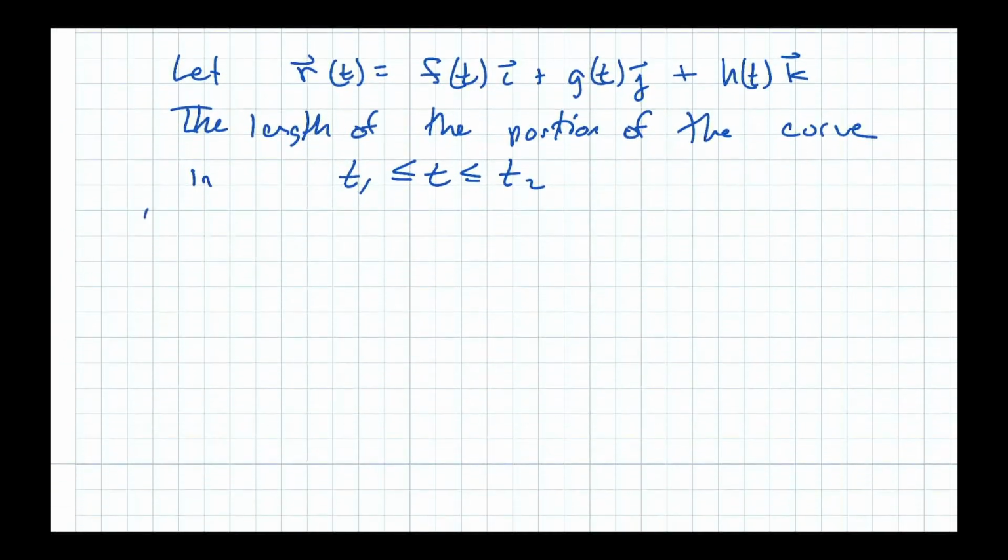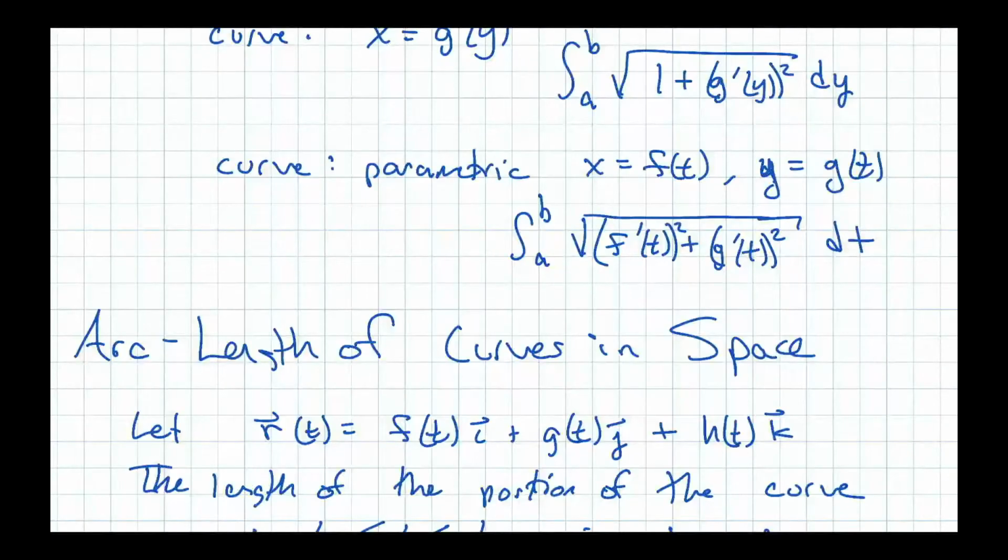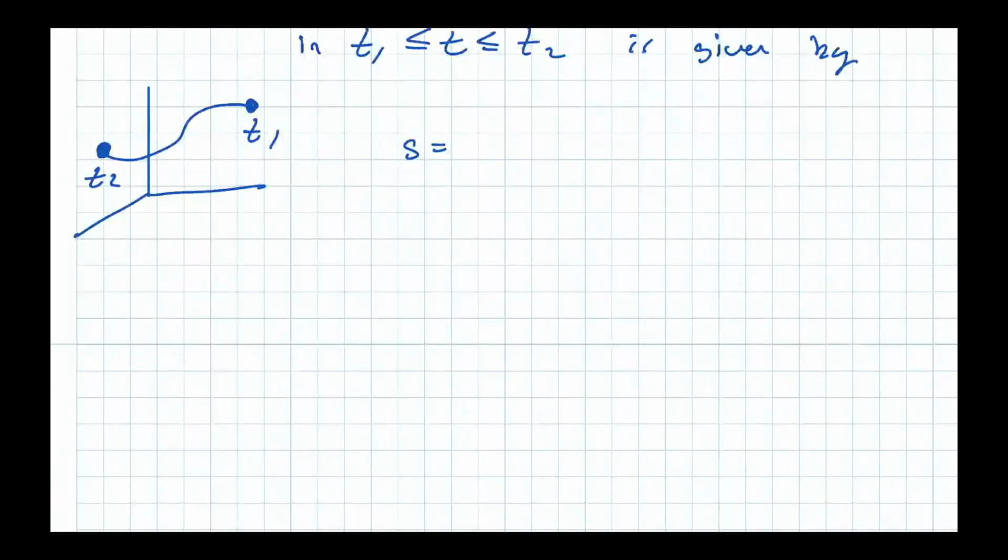So what we're considering is in space, you've got a curve, but we've got some starting point and some ending point, t1, t2, doesn't matter which one's on which side, and we have a little piece of the curve that way. So the length of the portion of the curve in that region is given by S equals, and it's basically just the definition for parametric curves again, just with 3 functions instead of 2.